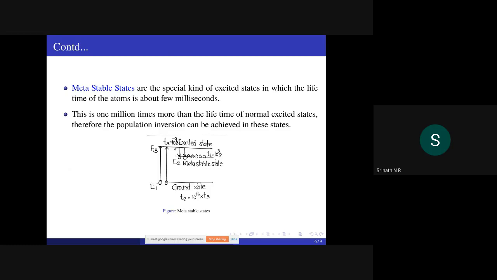They spend about 10 to the power of minus 9 seconds and immediately decay to the ground level. Suppose there is an energy level in between the highest and ground level, this energy level acts as an intermediate energy level. That means the average lifetime of the atoms in this energy level is relatively more than the highest energy level.